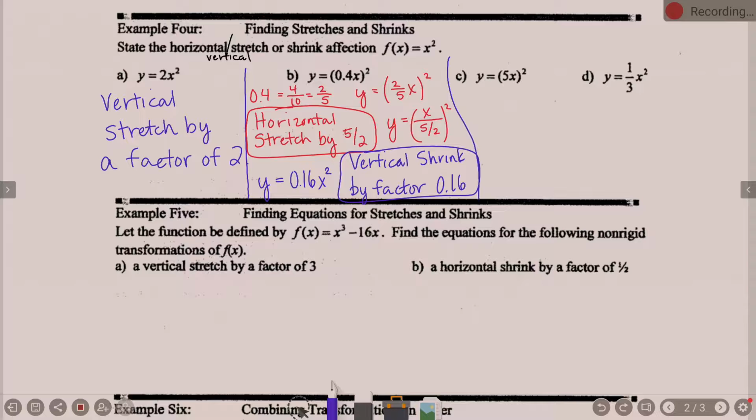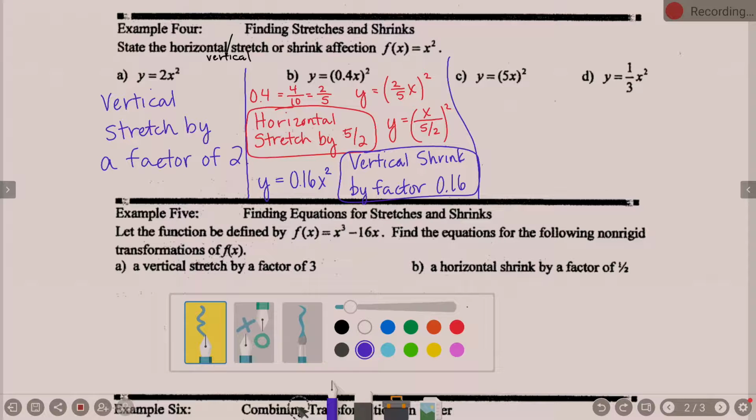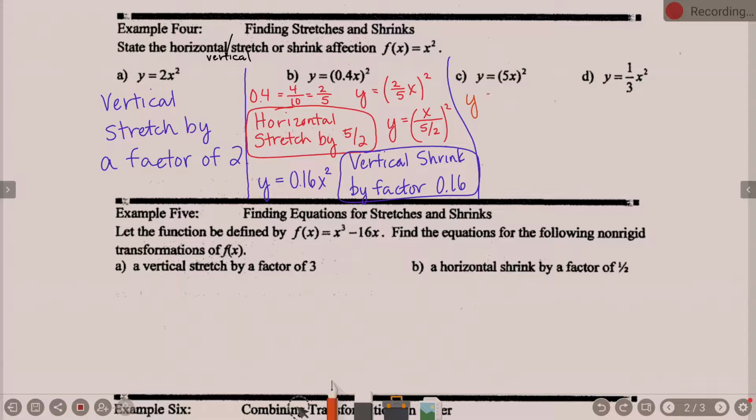So when we think about this, instead of 5 times x, we can think of it as x divided by 1/5 quantity squared. Because it was 5 times x, and so multiplying by 5 is the same as dividing by that reciprocal.